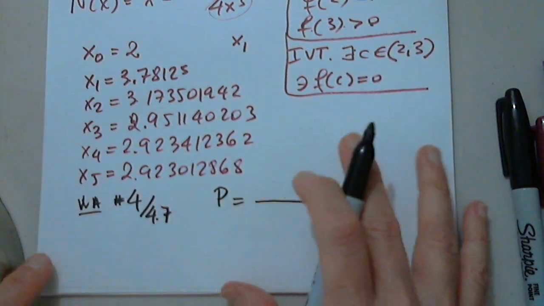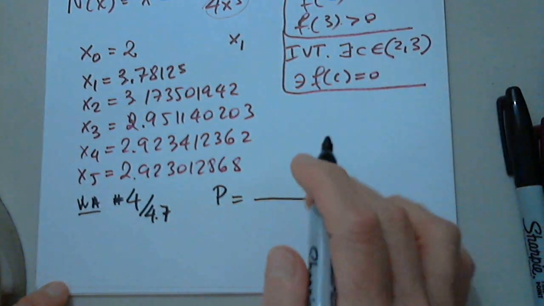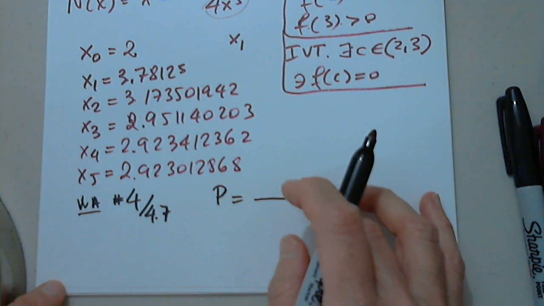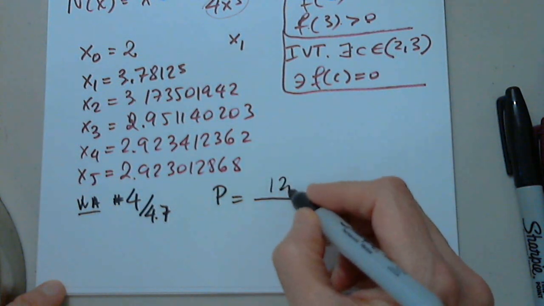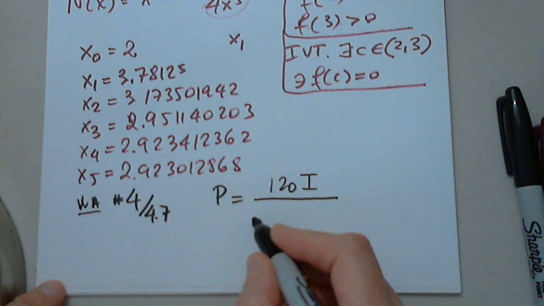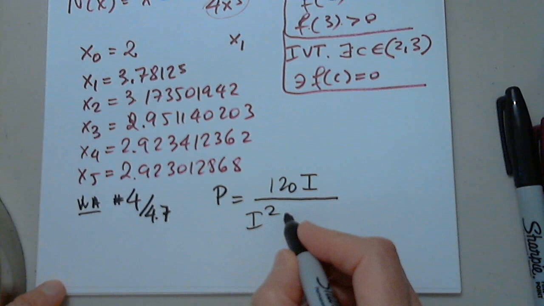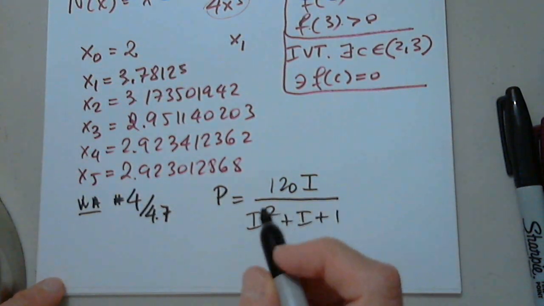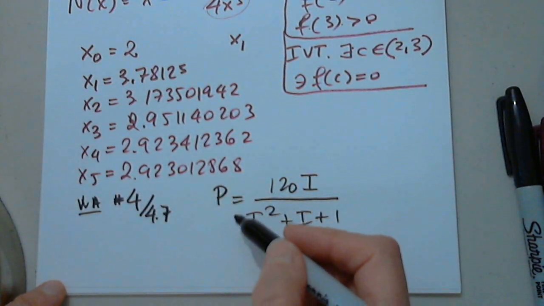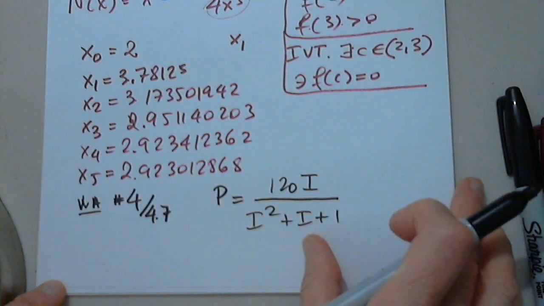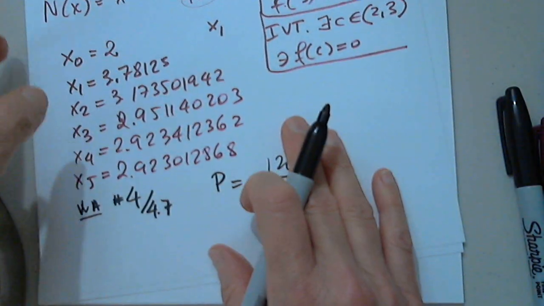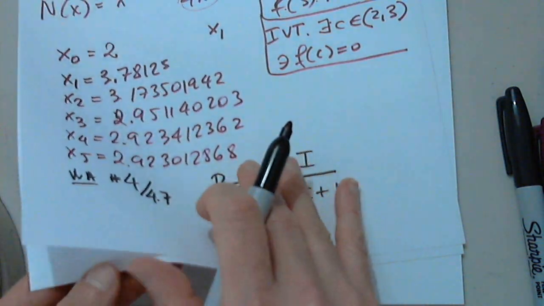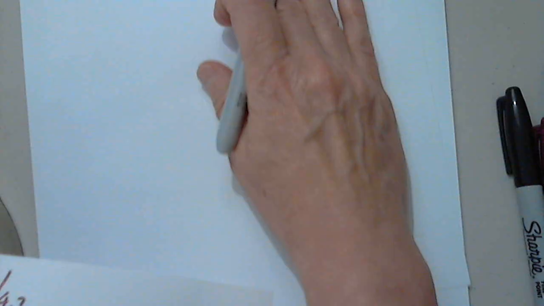Okay, so let's look at the function again. P is equal to 120I divided by I squared plus I plus 1. Okay, perfect. And we want to find the max for P. We still have to show what I'm getting.